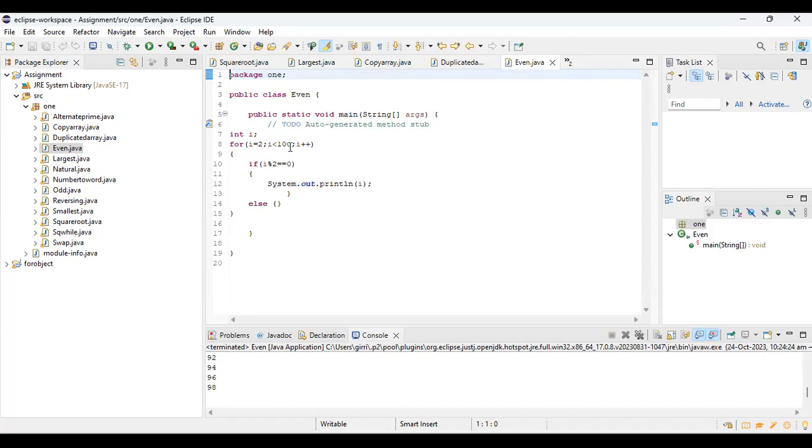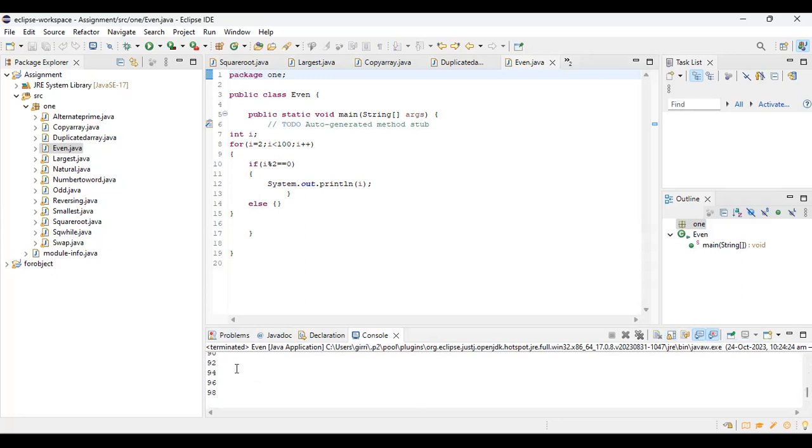So from 2 to 100, all the even numbers will be generated, because we need all the even numbers to be mentioned up to 100. From 1 to 100, I have to represent all the numbers. So I'm using the for loop. So here I have given from 2 up to 98, it has to be there.